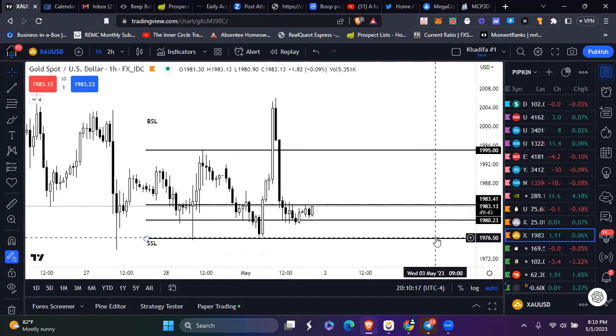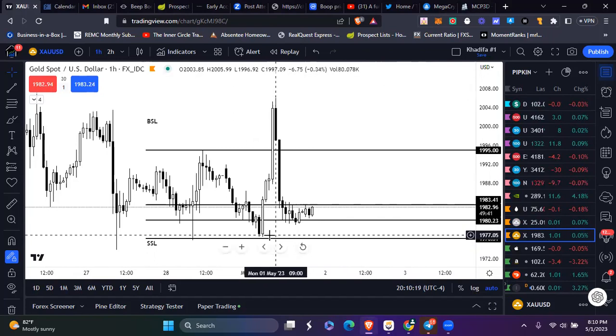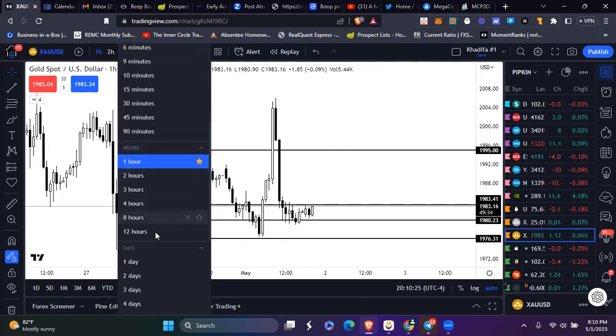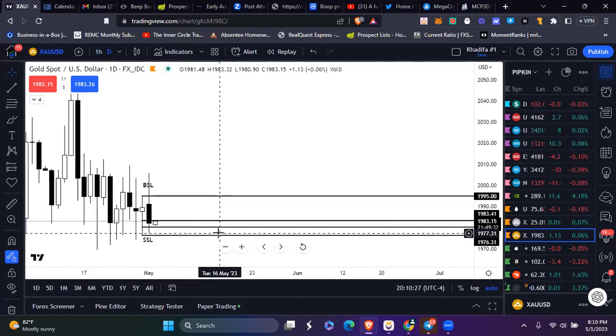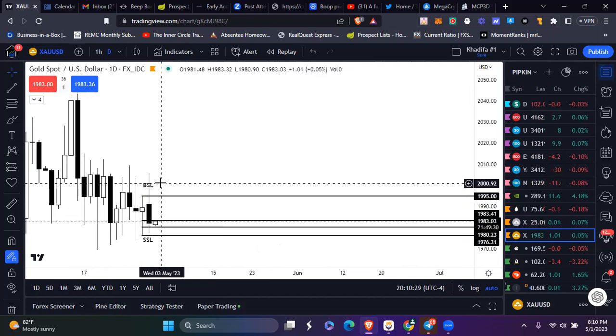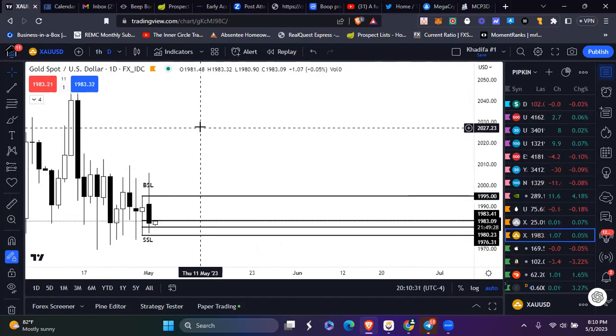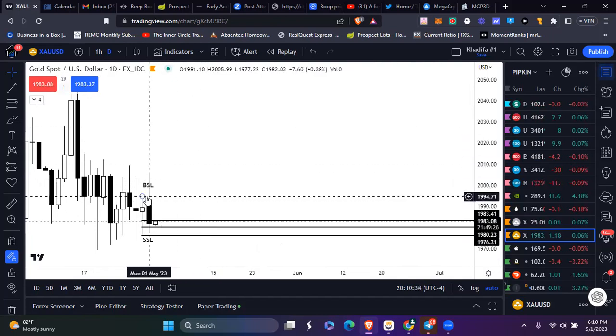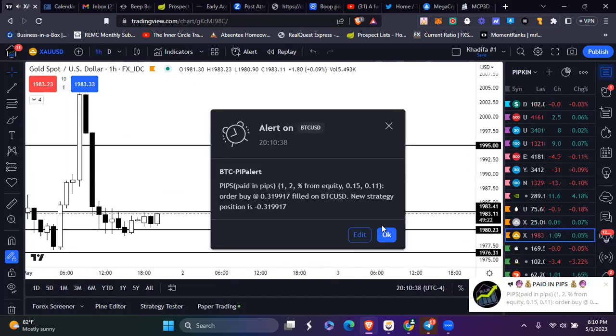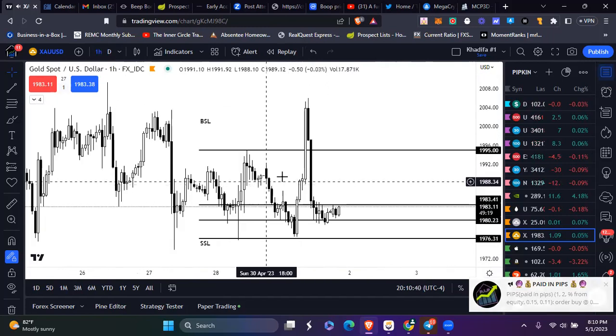Looking at metals, we are at the discount range, Friday's discount range. We ran Friday's buy side liquidity today.